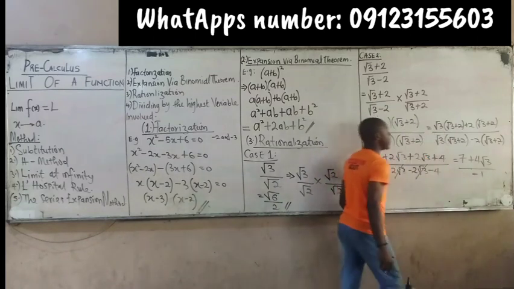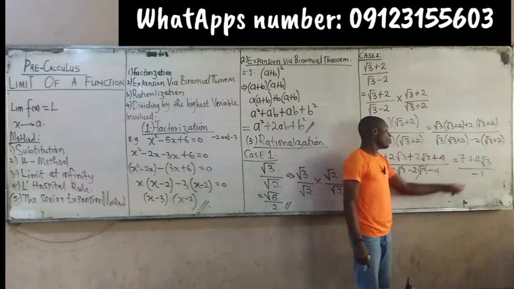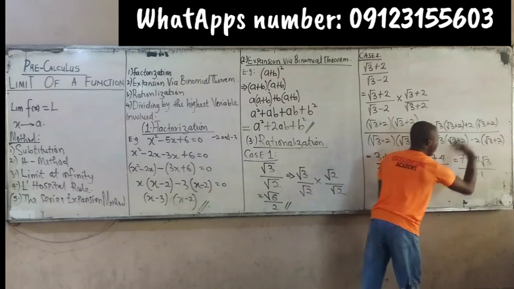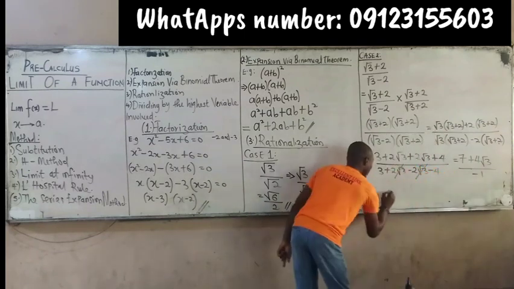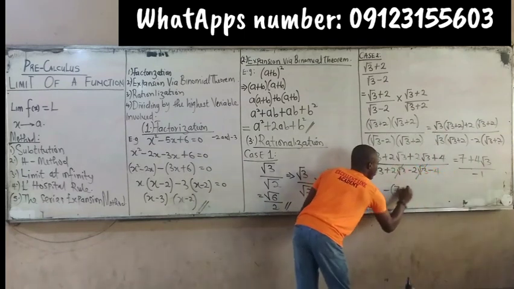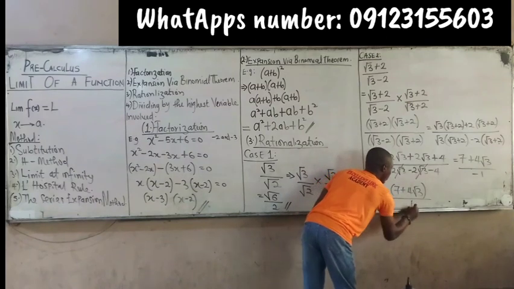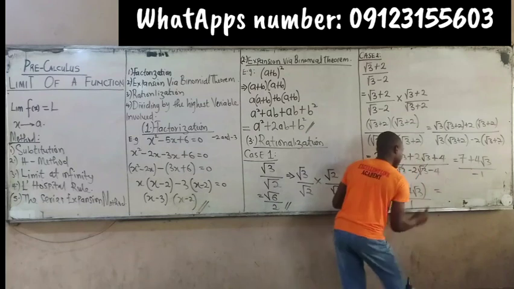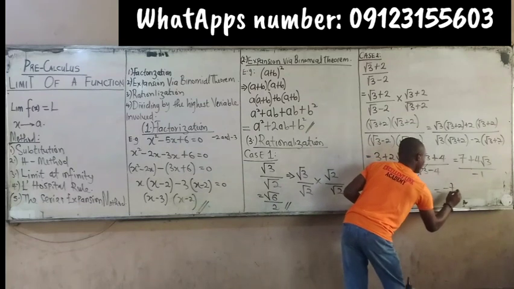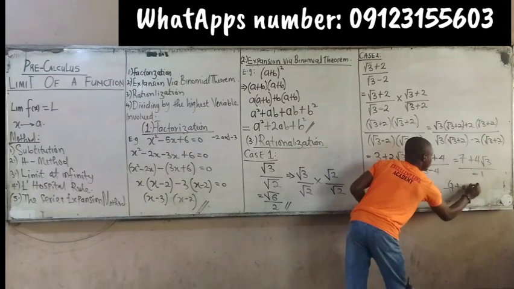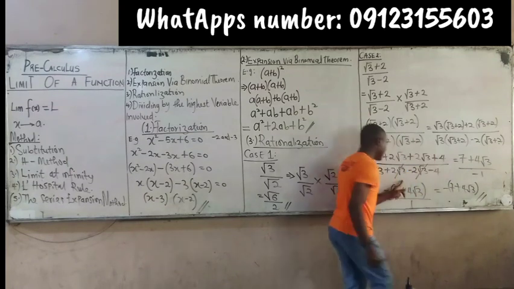Hence, it's not proper mathematics putting a negative sign down. So I can write this as minus into 7 plus 4 root 3 over 1, which is still minus 7 minus 4 root 3, because this divided by 1 is still this.